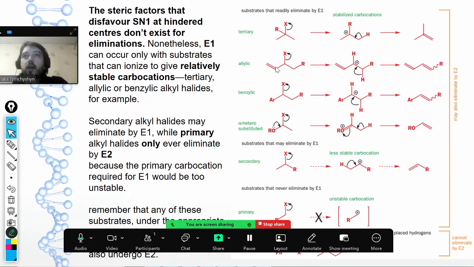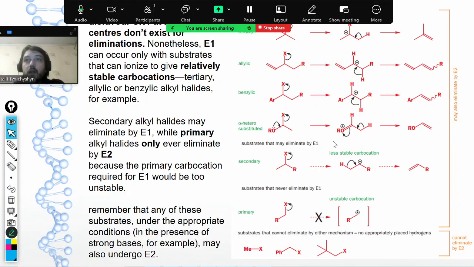Okay, so here we have substrates that readily eliminate by E1. Here we have substrates that may eliminate by E1. These all were tertiary structures, and here we had a lot of places to delocalize our positive charge.